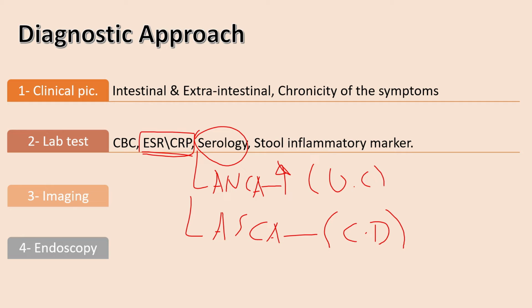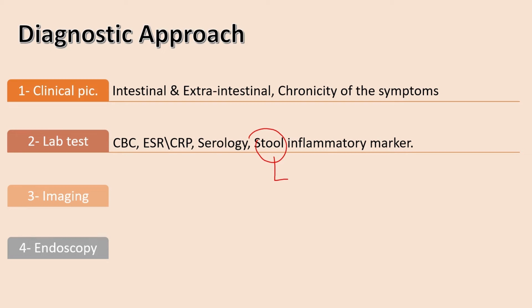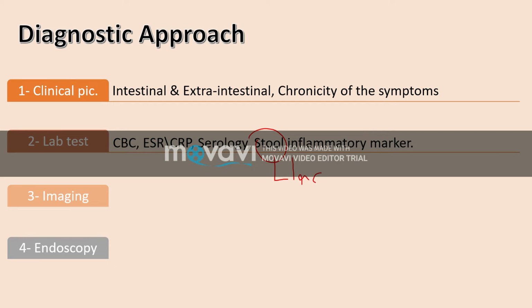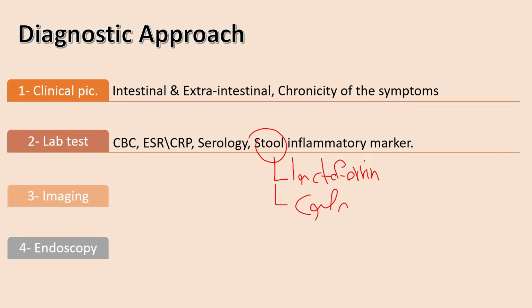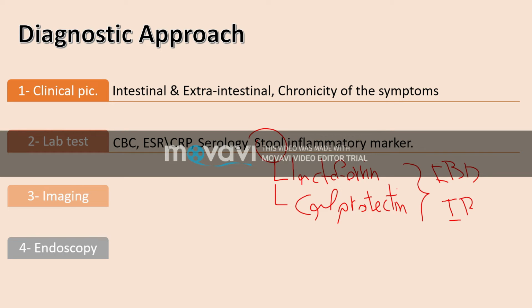And finally, we have the stool inflammatory markers. Stool inflammatory markers, we have lactoferrin and calprotectin. These are important in differentiating IBD from irritable bowel syndrome. So if these are elevated, they're more suggestive that this is IBD rather than IBS.